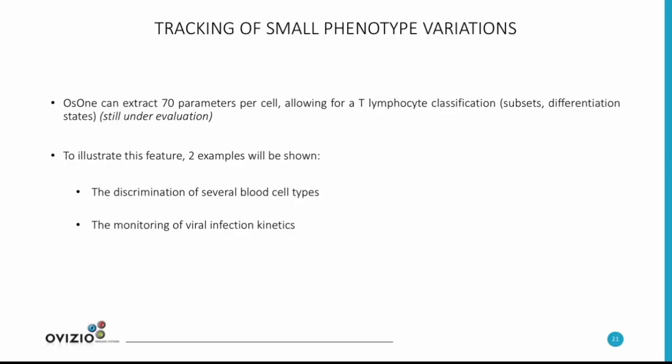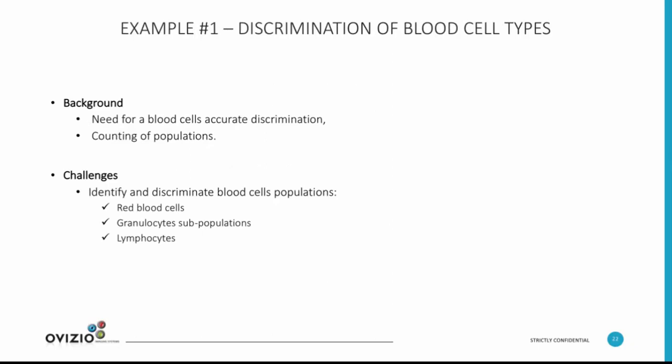With those 70 parameters, we can allow our algorithms to look at cell classification systems, create subsets, create differentiation states. Some of those are still under evaluation, but the first results are very promising. To illustrate this feature, we will show you two examples. The first one is the discrimination of several blood cell types, and the second one is the monitoring of viral infection kinetics. So, discrimination of blood cell types.